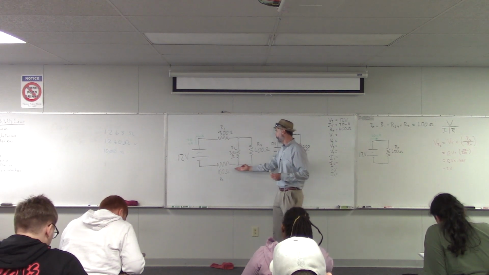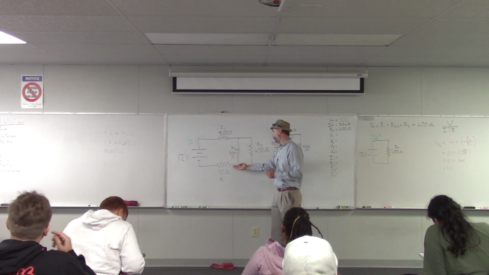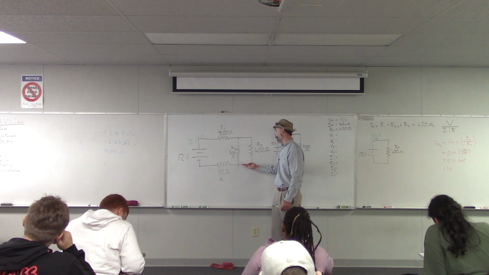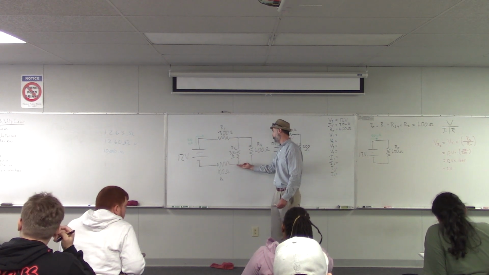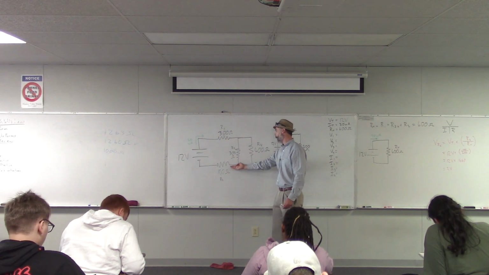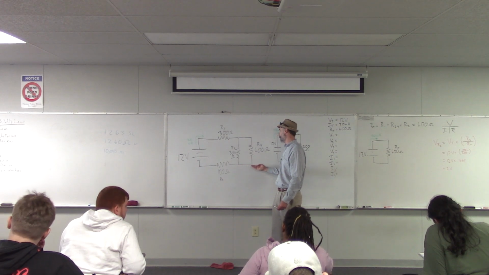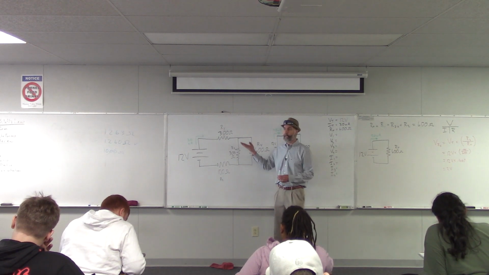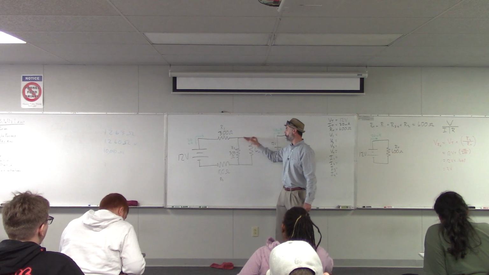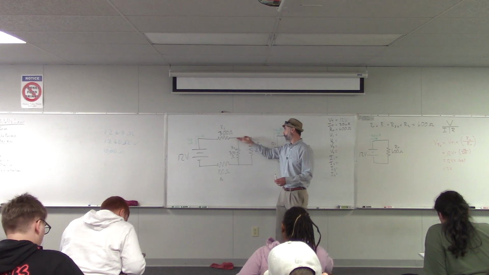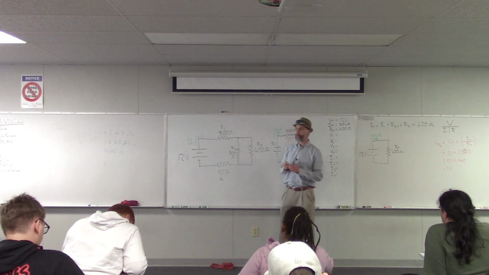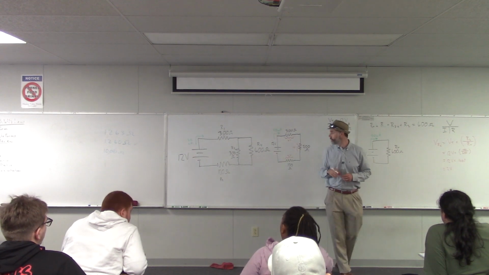Another way to think about that is that in a parallel circuit, you've got a wire going all the way across the bottom, and voltage is always the same along any wire. So all the voltage along the bottoms of all of the components are the same. And similarly, along the top, you've got a wire, so you've got a constant voltage along the top of the component as well.